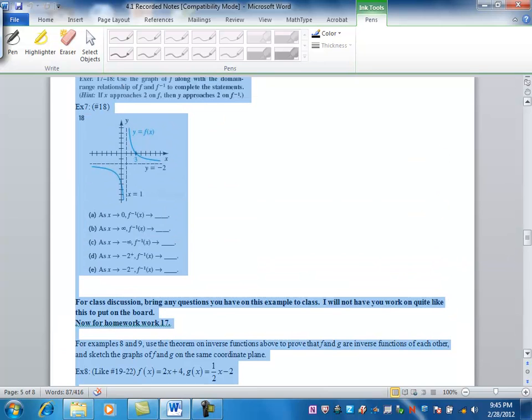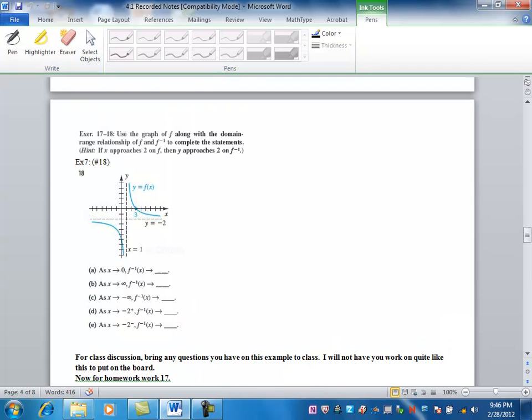Alright, so here we go. Notice that we look at part A here. As we look at part A, the input of the inverse is 0.